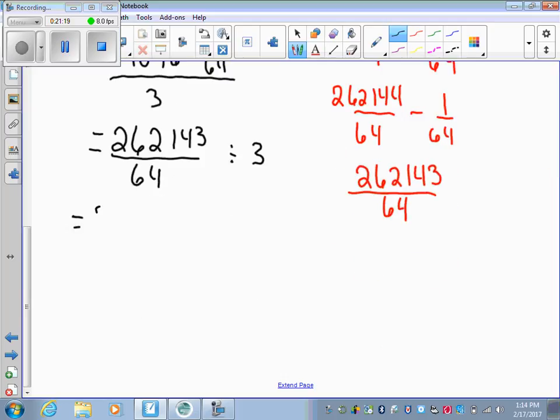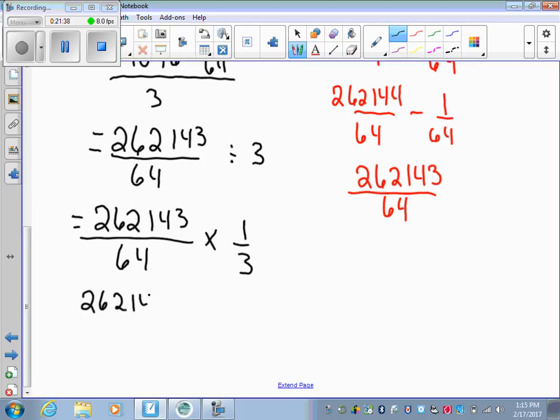So, cross multiply or flip and multiply. So you'll have 262,143 divided by 192, which reduces down to 87,381 over 64.